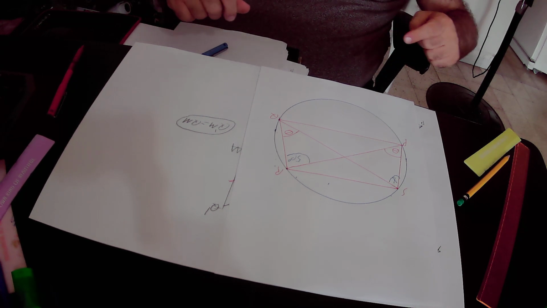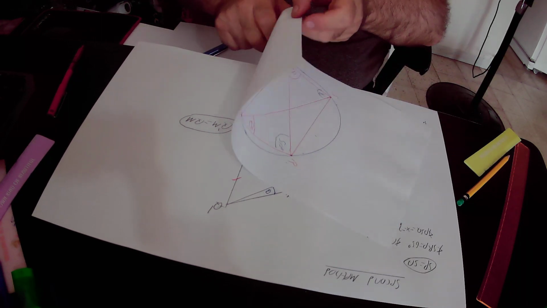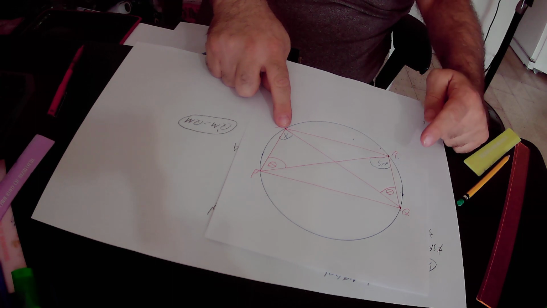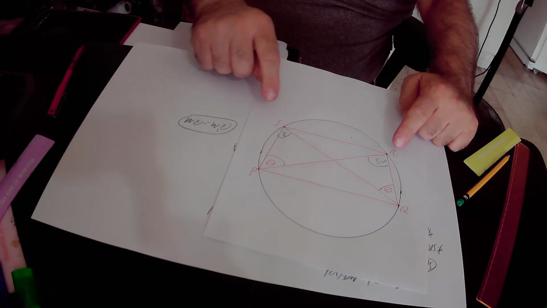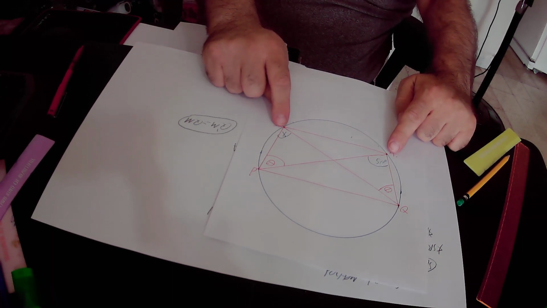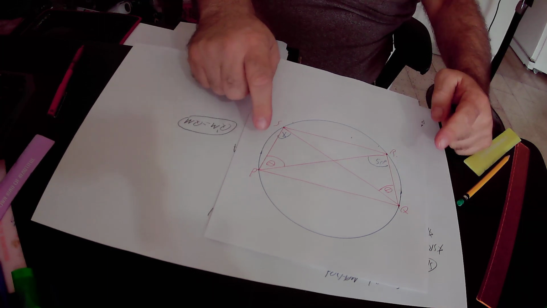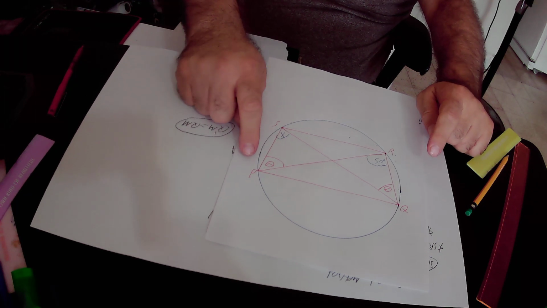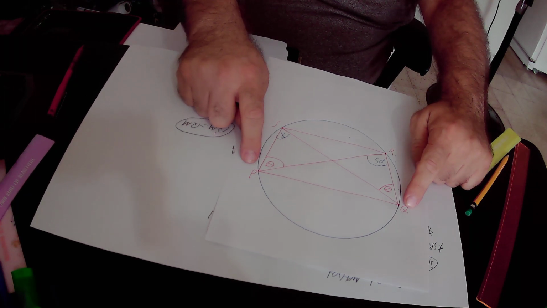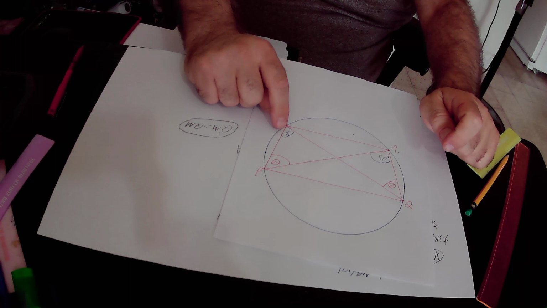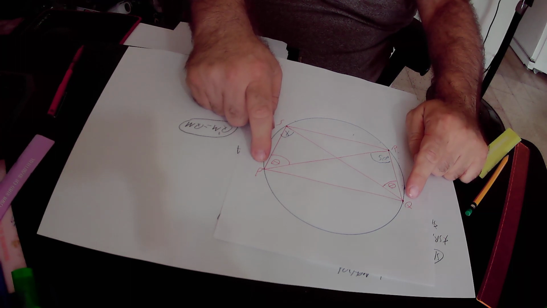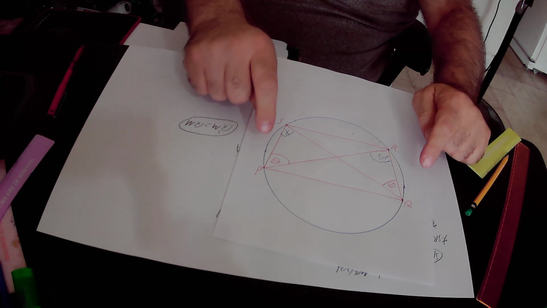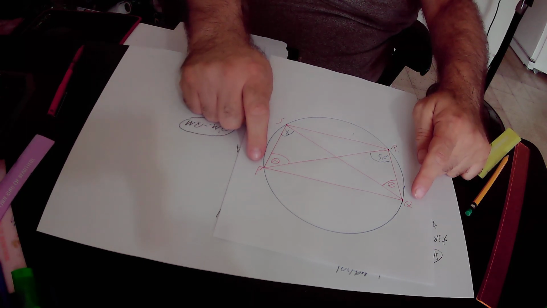Here we have two peripheral angles, angle X and angle PRQ, which equals 50 degrees, and they both subtend the same chord PQ.